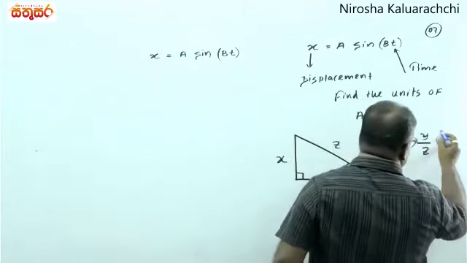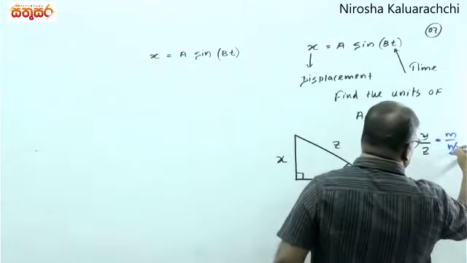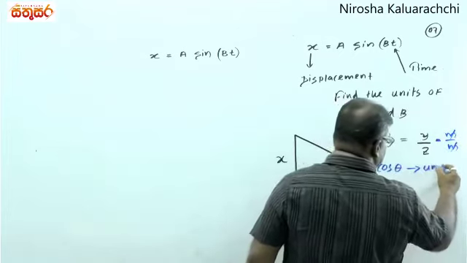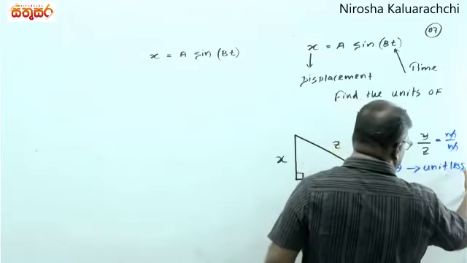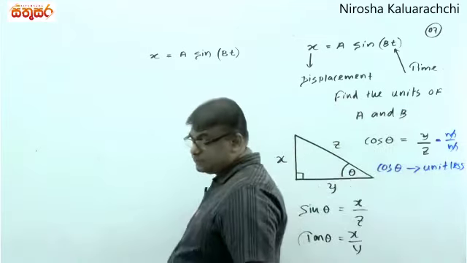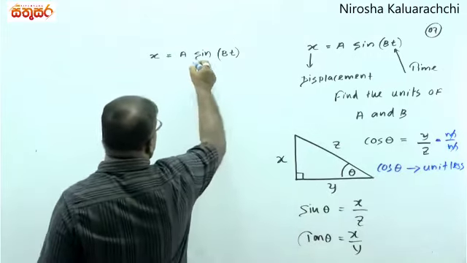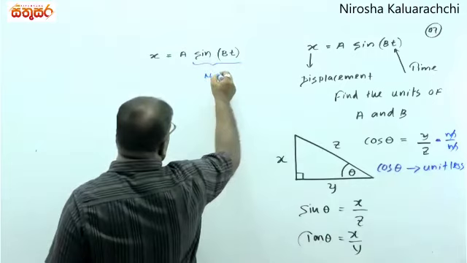Example is this one. Here meter cancels, then cos theta is unitless.